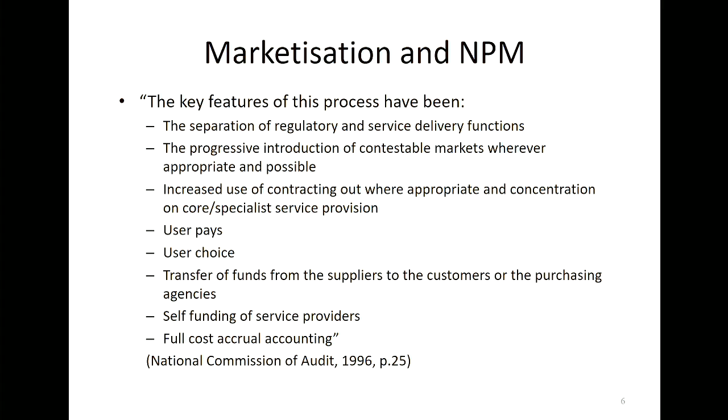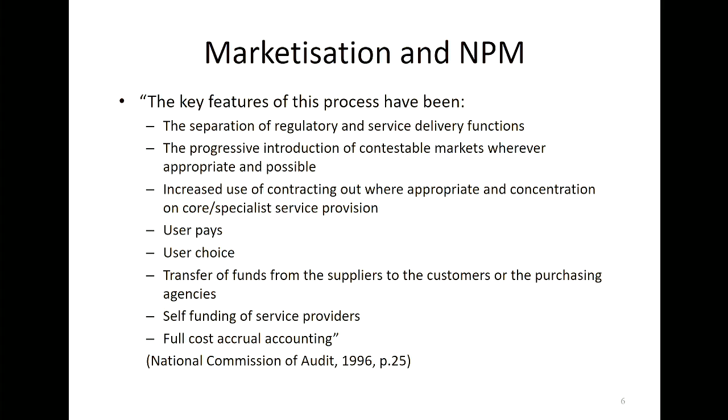There is the progressive introduction of contestable markets wherever appropriate and possible. Once a contestable market develops, then private sector partners can be brought in. And there is increased use of contracting out where appropriate, and concentration on core or specialist service provision. There is a lot of contracting out, so we will look at that in a minute.